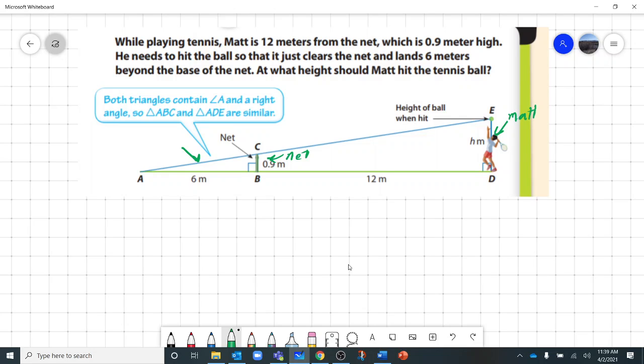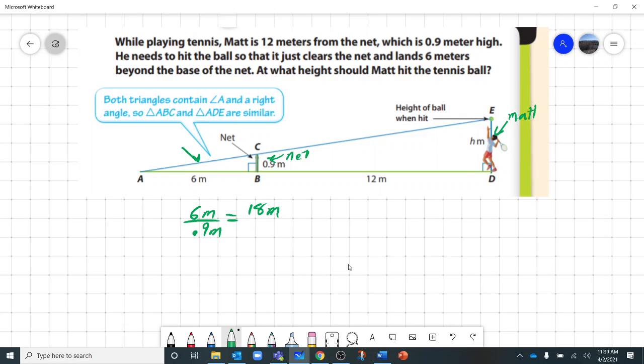So we can set this up as a proportion of 6 meters, that's the distance from the net to where the ball lands, over 0.9 meters is equal to the distance from Matt to where he wants the ball to land, which is 18 meters.